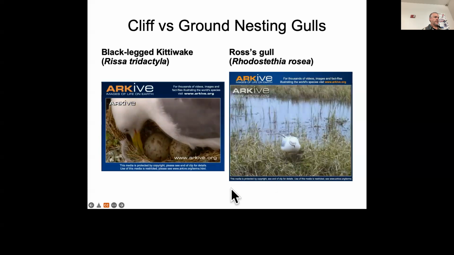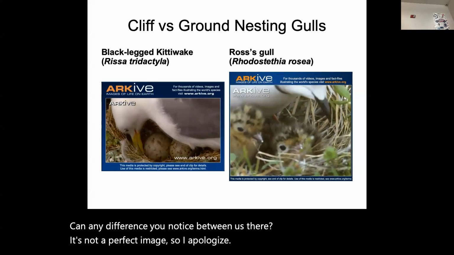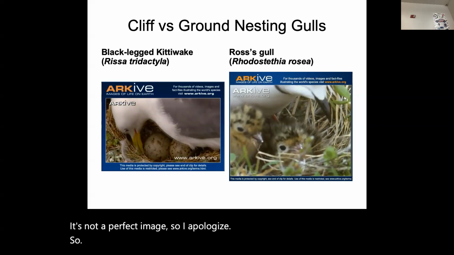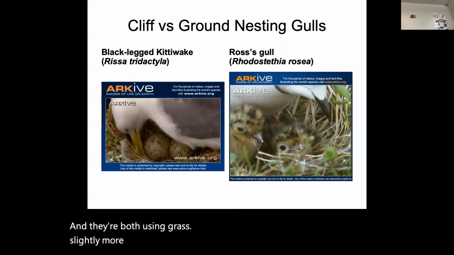Okay, any difference you notice between the nests there? Not a perfect image, so I apologize. So this is more grass. What else do we notice about the nests? Like more compact. More compact, it's denser, and it's deep.